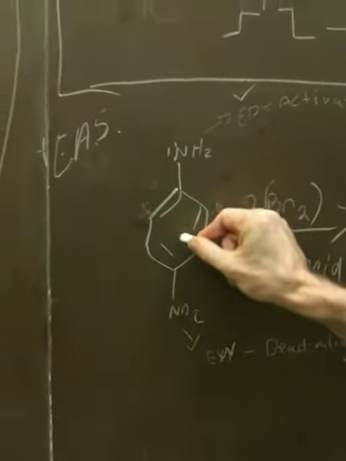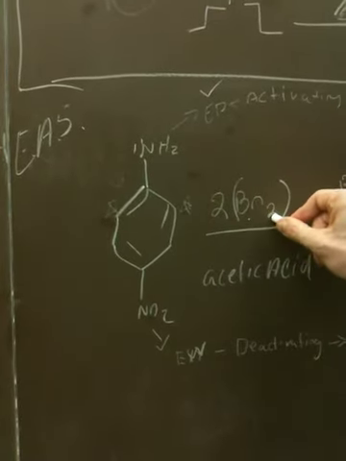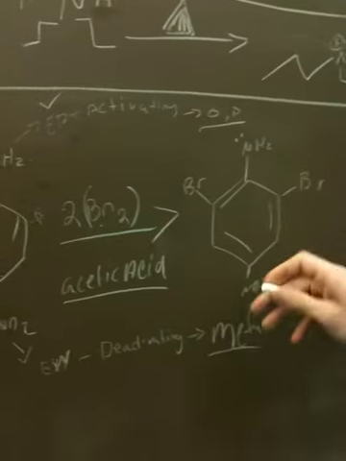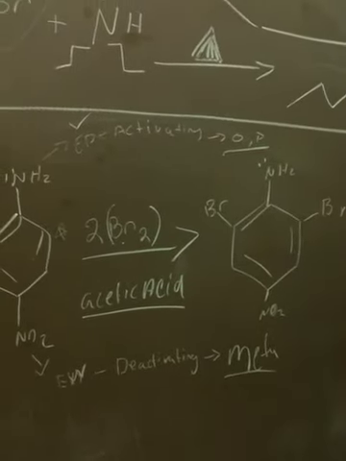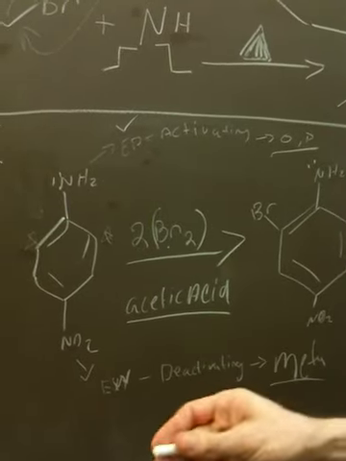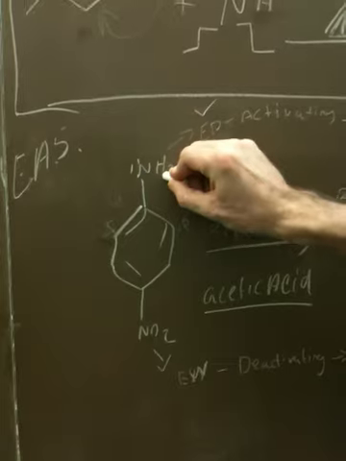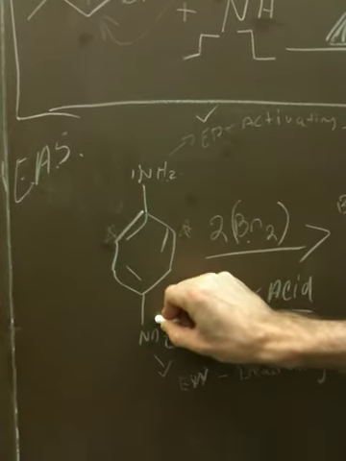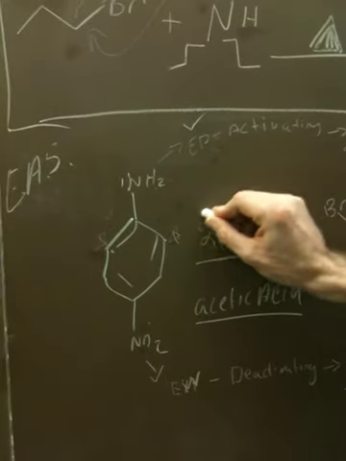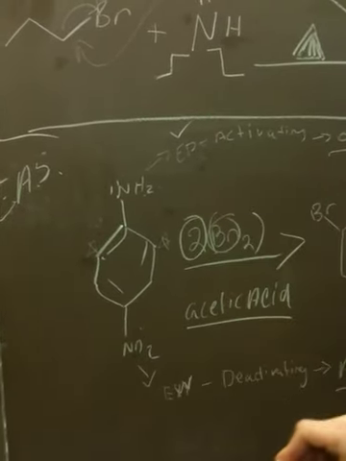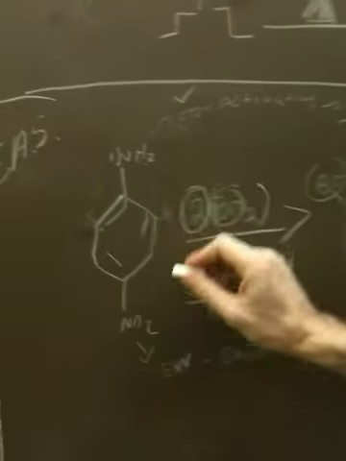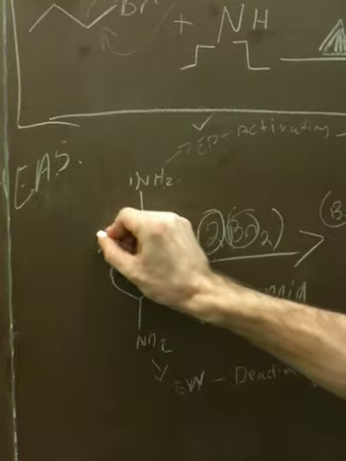If you react this with 2 Br2 with acetic acid, the Brs are going to add ortho, or para, but it's not para because para to the NH2 is NO2, so obviously we can't put it there. So we have to put them ortho. There's 2 of these, so you get 1, 2 added onto your benzene ring in these spots right here.